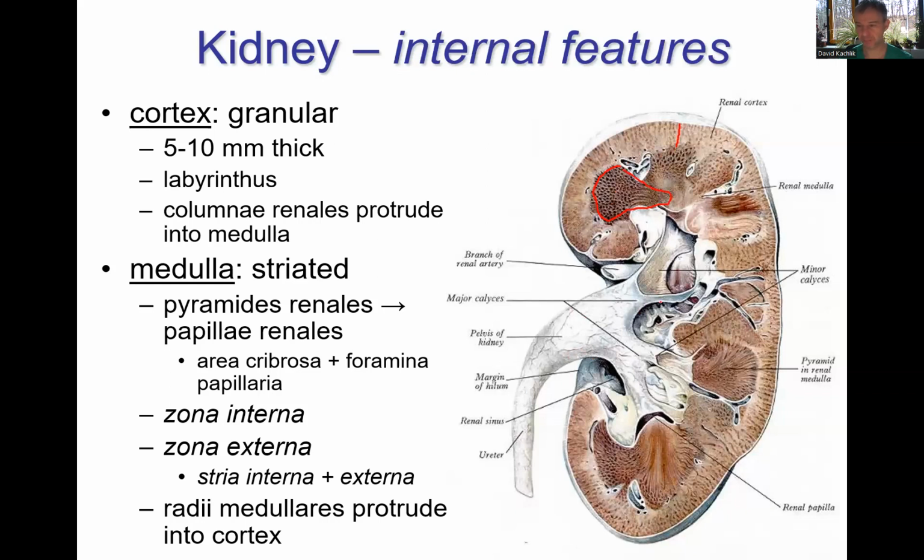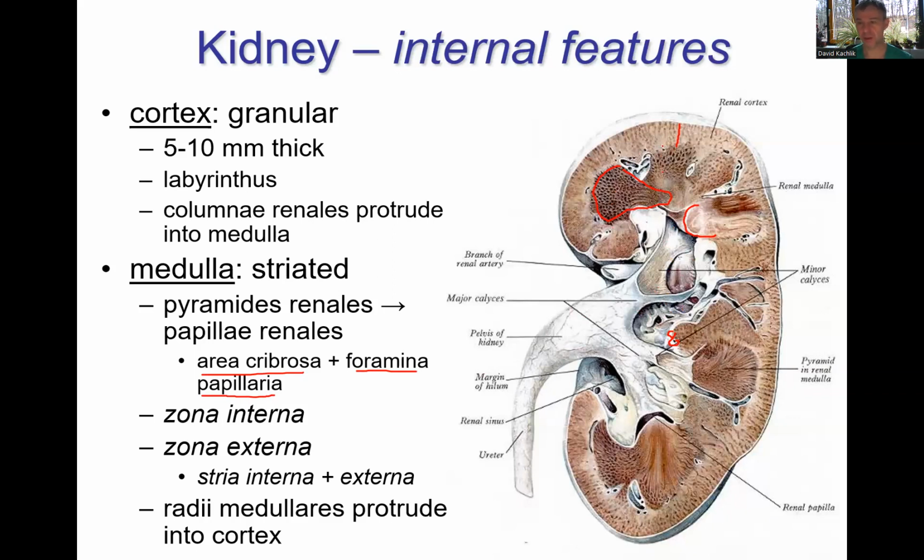And these pyramids are terminated medially by so-called papillae, which protrude into minor calyces, and the papilla has a dotted or perforated surface, which is called area cribrosa, and the openings are terminations of the hollow system of papillary ducts, so we call them papillary foramina.